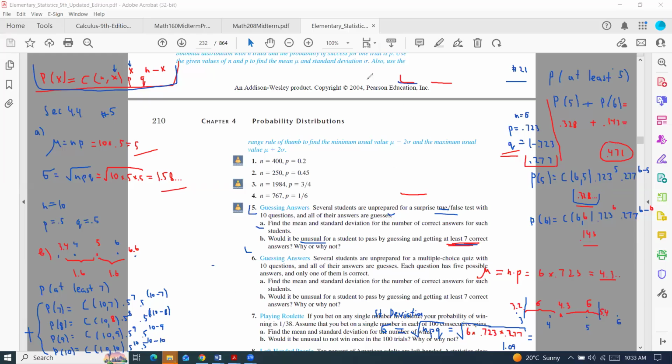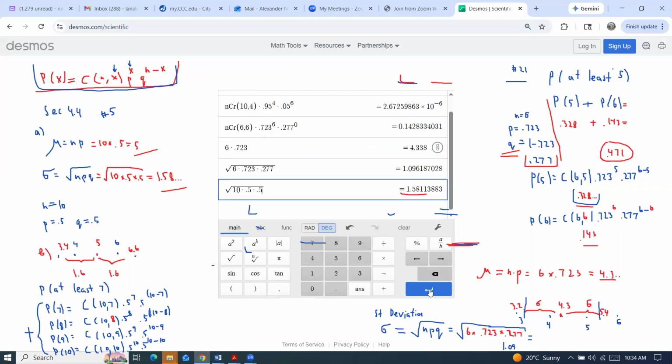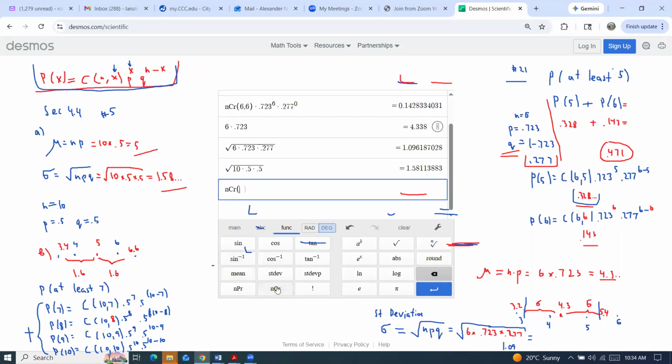So it is tedious. It was much faster, of course, to use the standard deviation to see it's not likely, but to be more precise, I can actually do the calculation, use my new favorite formula. I don't know if that's a favorite, but it's tedious, but well, let's use it. So combinations.